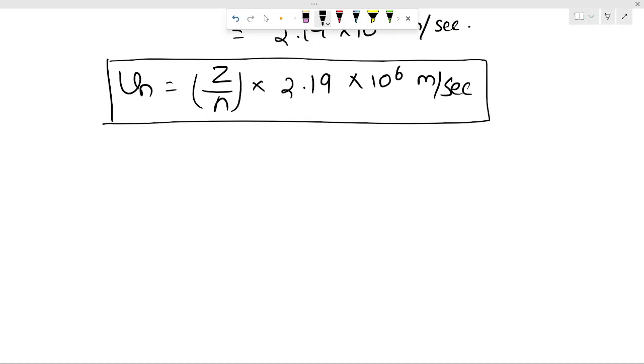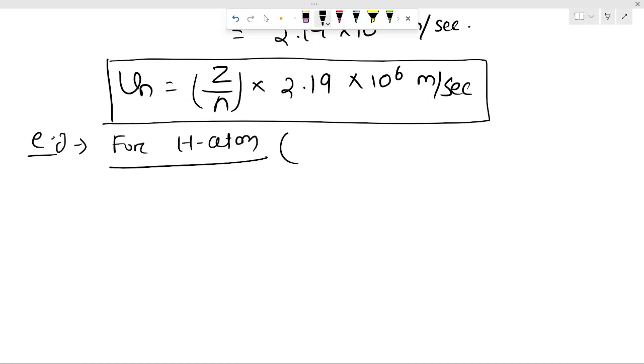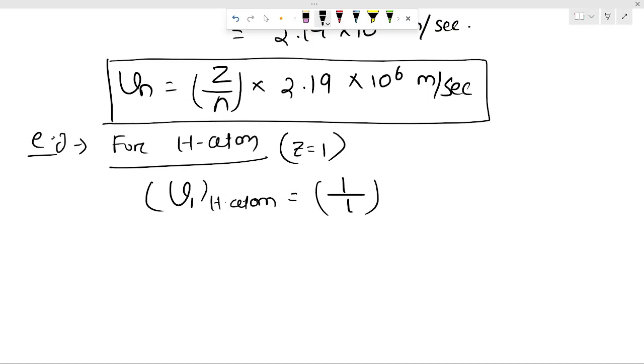Let us calculate this, for example, for hydrogen atom. For hydrogen atom, we have Z is equal to 1. So V1 for hydrogen atom is 1 upon 1 into 2.19 into 10 to the power 6 meter per second.